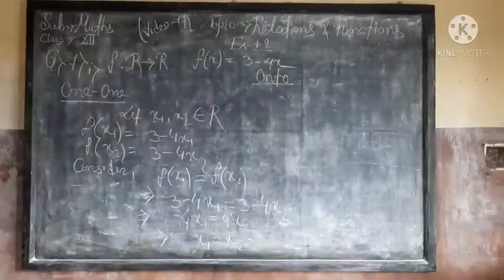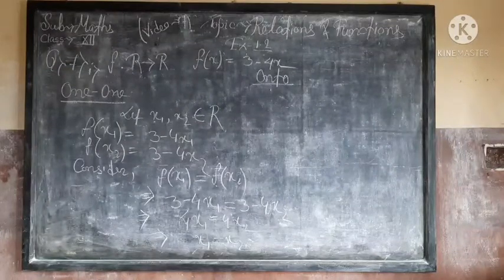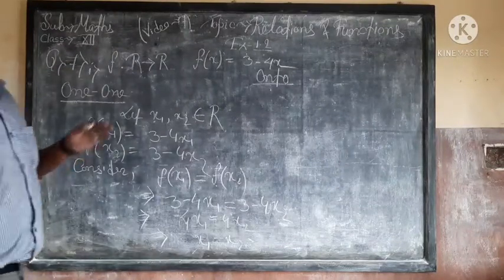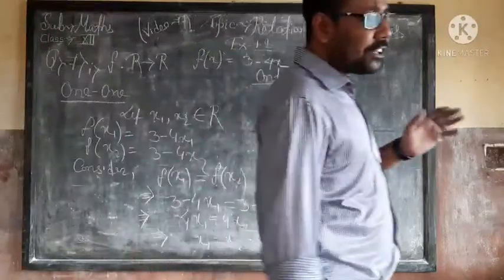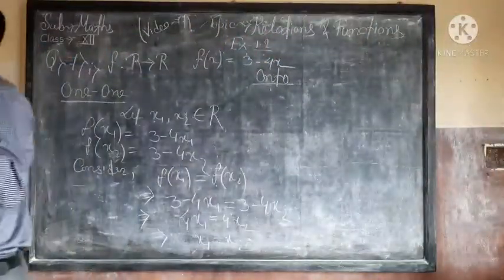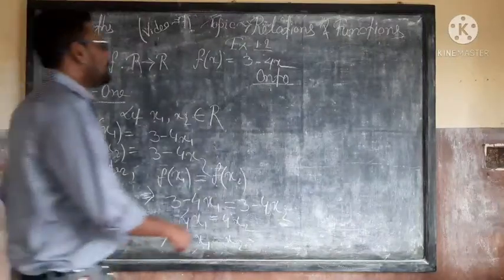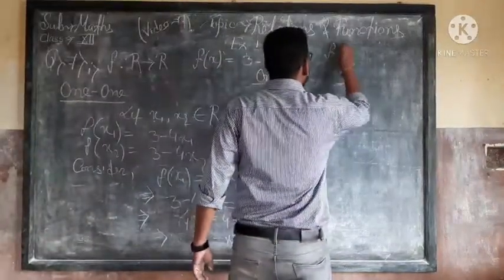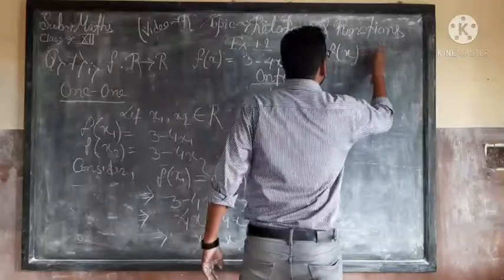What is the mathematical condition used to justify that any function is onto? This is f(x) equal to y.